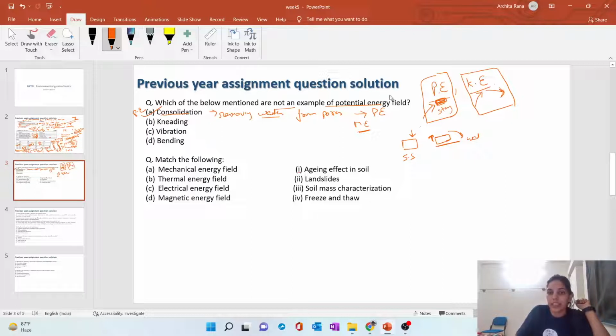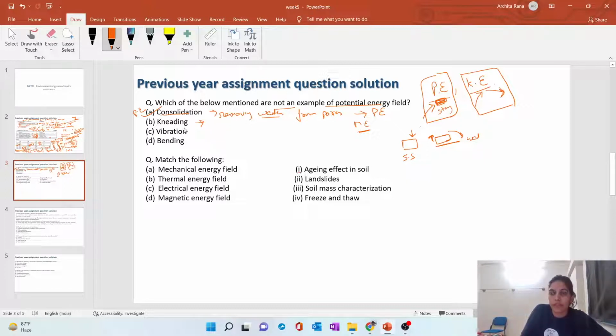Another is kneading. Kneading, in simple words, is like what we do with the flour in our household; the same we do with soil. We put water to it and we use our hands to make it into a dough-like structure, right? Once you apply a certain type of force or mechanical energy to it, it is not changing its shape.